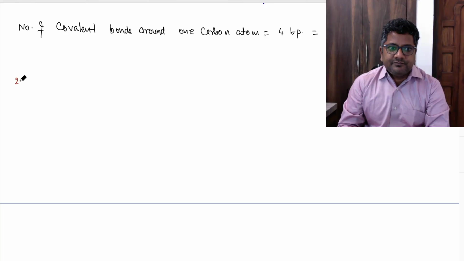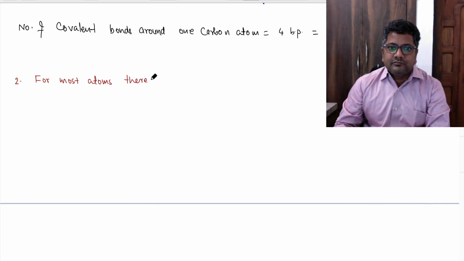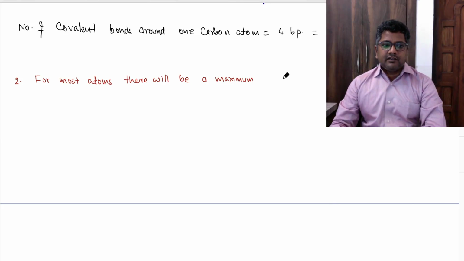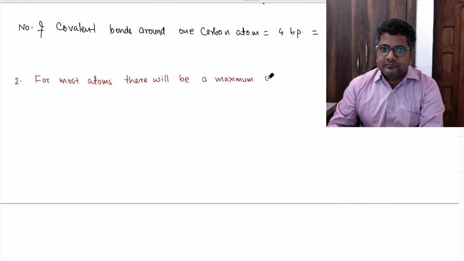The second point is, for most atoms there will be a maximum of 8 electrons in the valence shell.